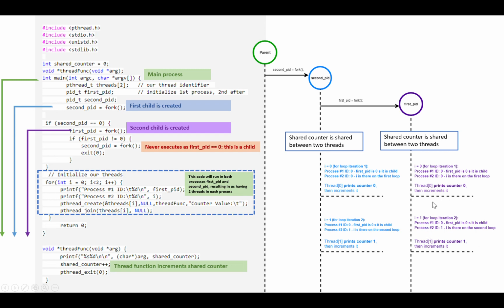And in the same fashion that we traced for the first process, we will be seeing that thread function is going to be first printing the counter value of 0. And then on the second iteration of a loop, the second thread within the second process will be printing out the value of 1, since that value has been incremented.